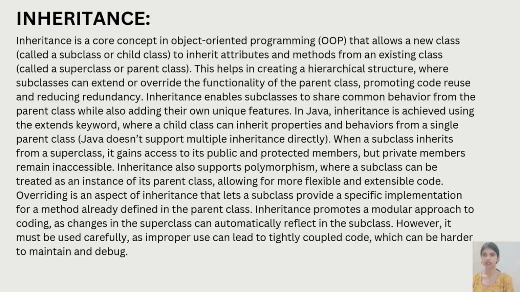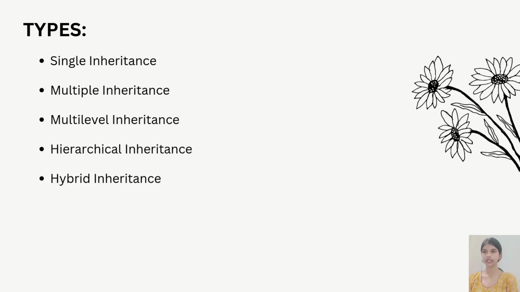Inheritance promotes a modular approach to coding, and changes in the superclass can automatically reflect in the subclass. However, it must be used carefully as improper use can lead to tightly coupled code which can be harder to maintain and debug. In types of inheritance, we have single level, multiple, multi level, hierarchical, and hybrid inheritance.